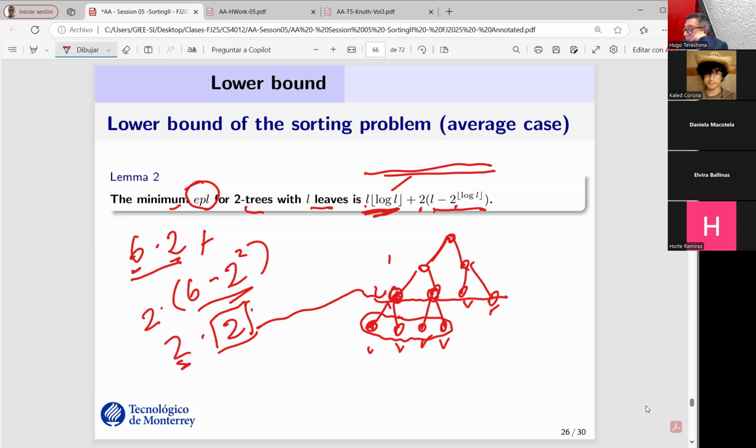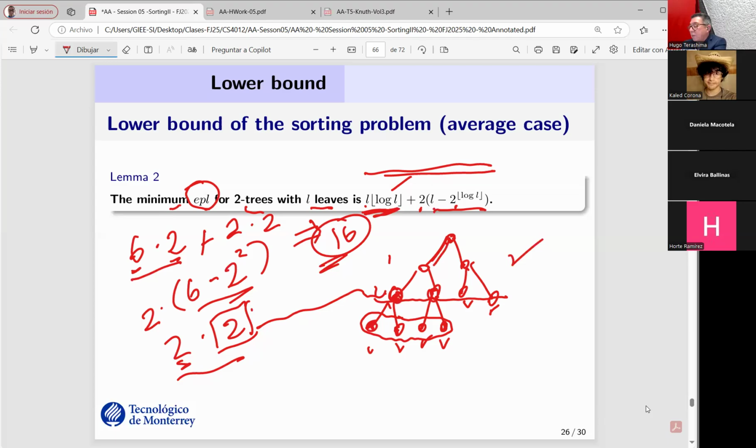Each one is going to have 2 children, so I need to count them. So I have here 2 times 2. So this is the EPL: 6 times 2 and 2 times 2, which is 16. That is the EPL of this tree in particular.